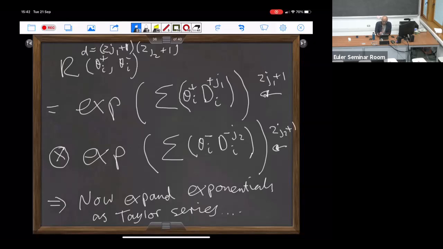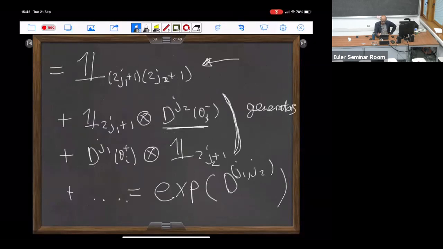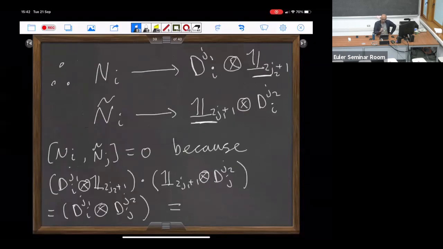The first depends only on theta plus, and the second only on theta minus. When you follow the steps and get the generators, you keep track of theta plus and theta minus, and you conclude exactly what you were saying.